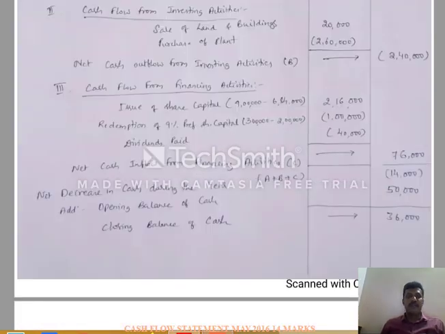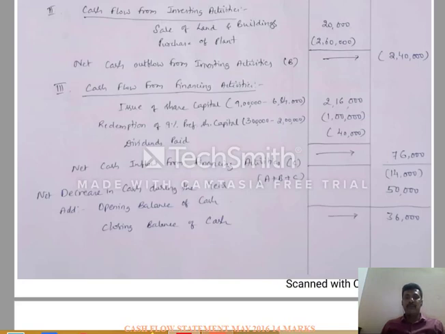Then the second part of the cash flow statement is for recording cash flow from investing activities. So here we have items related to non-current assets, that is from land and building account we have one entry related to cash, and from plant account we have one entry related to cash.